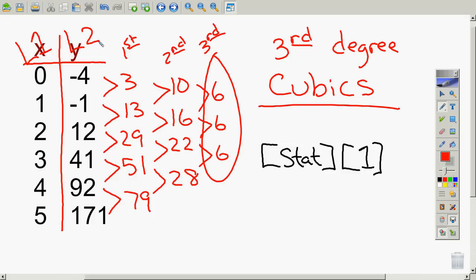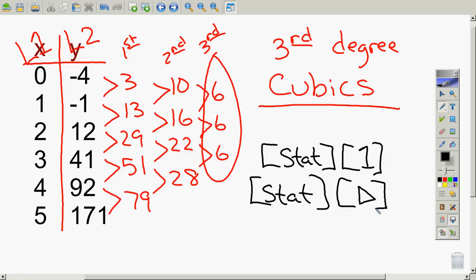Okay, now that you've got those into L1 and L2, now you should hit the stat button again. And with the stat button again, this time we should arrow over just like we did before to calc.